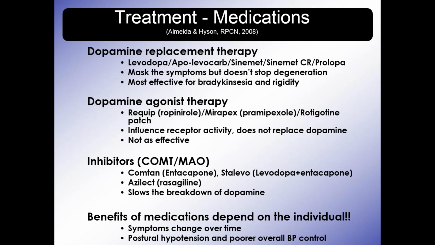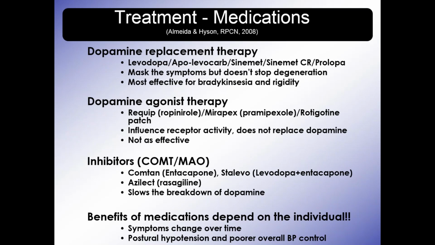Probably one of the most important things we should think about when we're talking about treatment is the fact that the medication benefits really depend on the individual. As you know, Parkinson's is a progressive disorder, and since the symptoms change over time, it sort of depends on which symptoms you're dealing with.